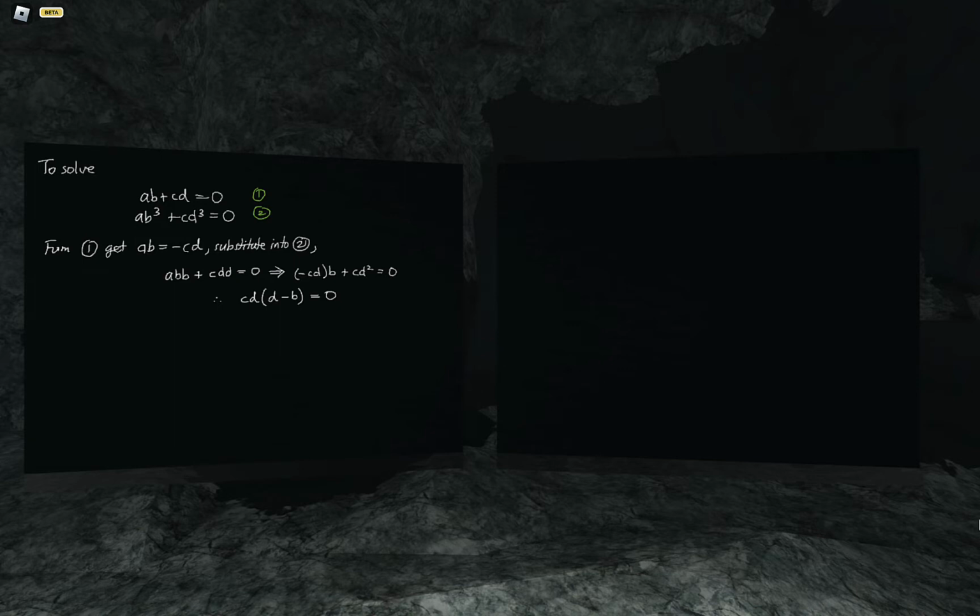I feel like I'm missing a factor. What did I do wrong? There's a CD cube. Oh, it's cubed. Yeah, thanks. Okay, and it was also... Right, so there's a B squared here, right? Okay.